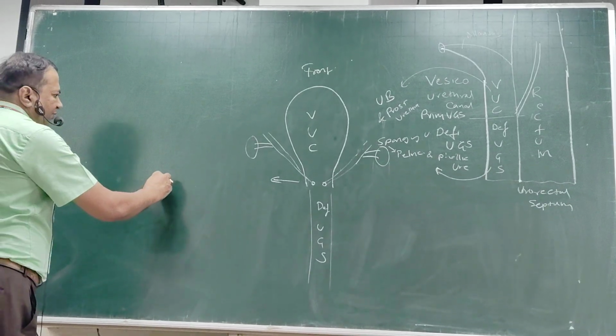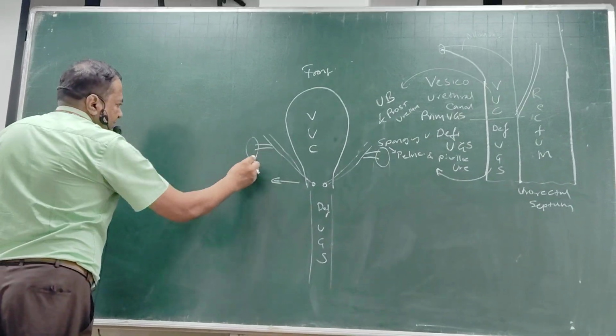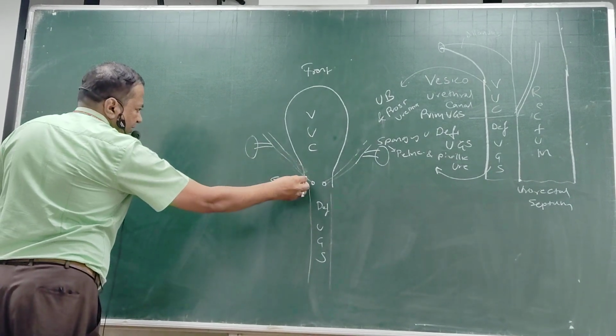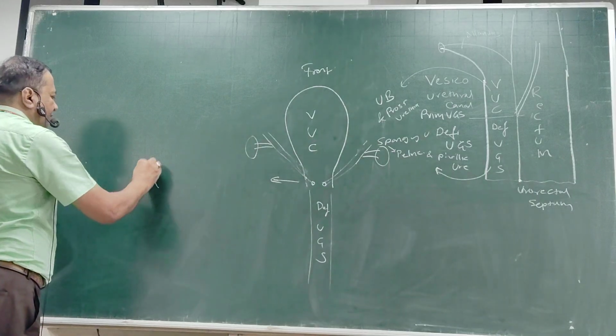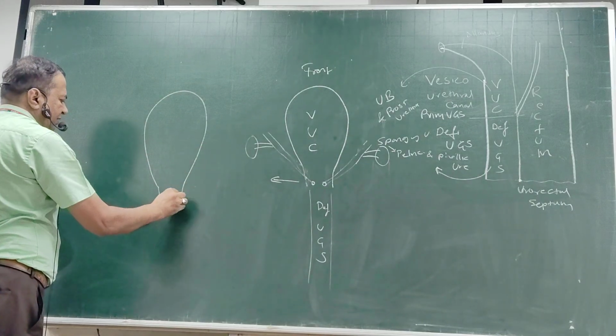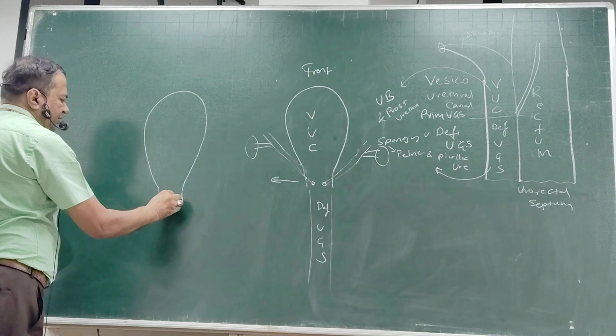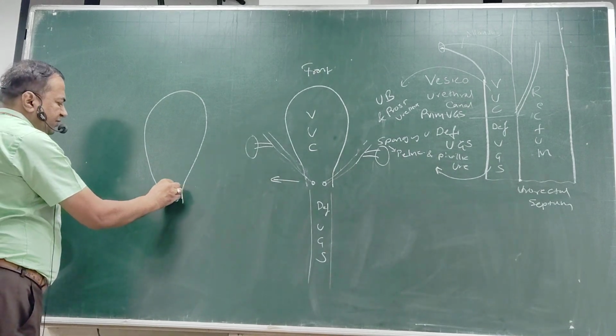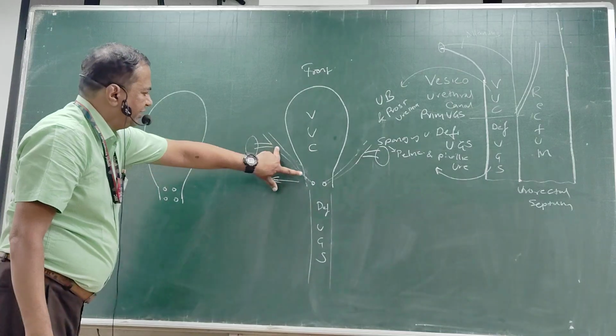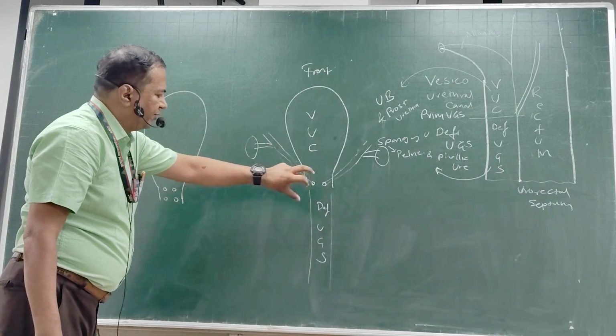In the next step, what happens is this portion gets absorbed. So now in the vesicourethral canal, there will be 1, 2 openings of the mesonephric duct, 3, 4 openings of the ureters, because this portion will get absorbed and now ureters will open separately.